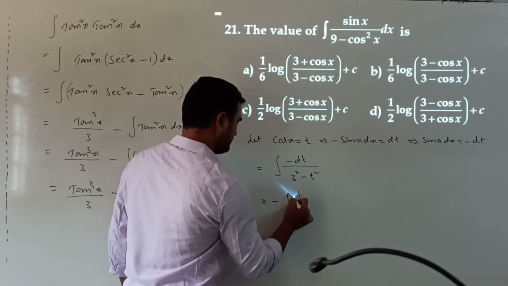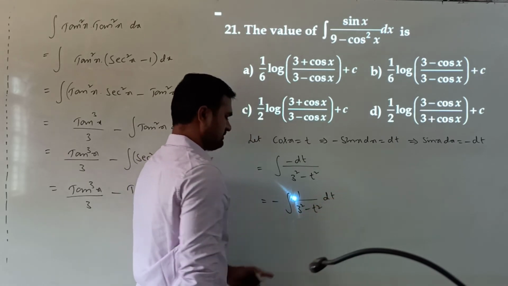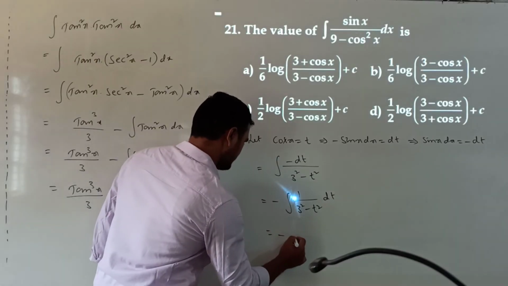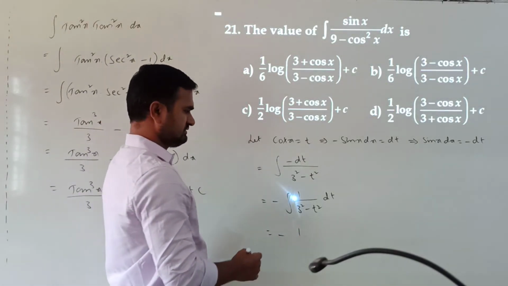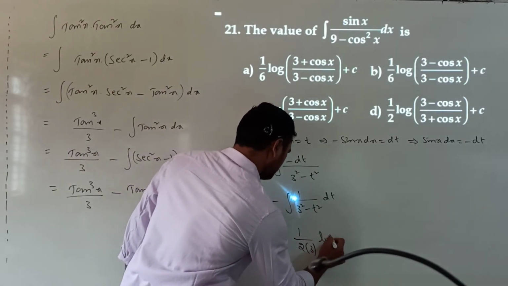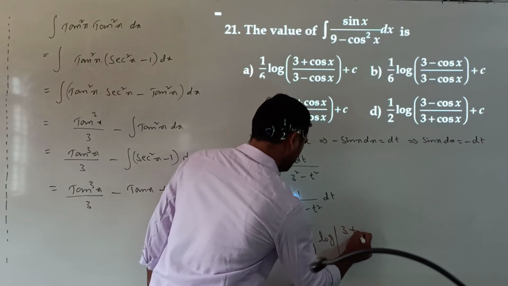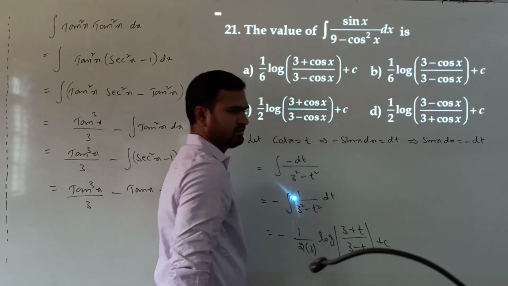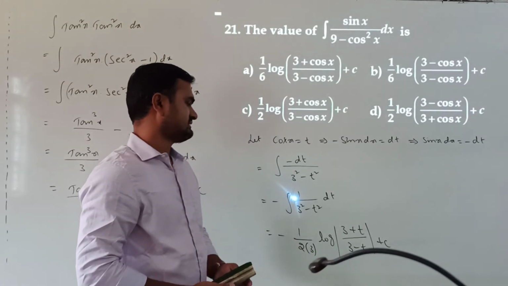So minus of integral 1 by 3 square minus t square dt. It is in the form 1 by a square minus x square. So what is the formula for integral 1 by a square minus x square? It is 1 by 2a log mod of a plus x by a minus x, plus c.